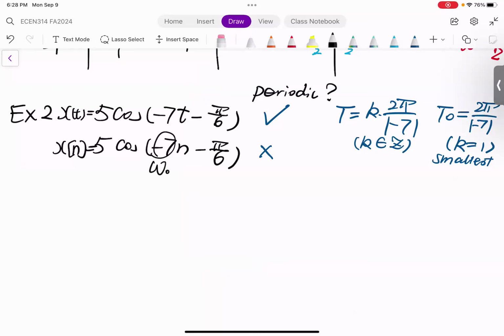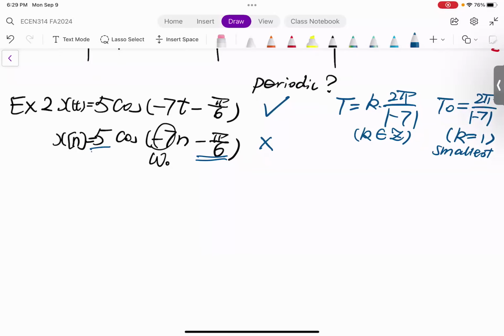First of all, this is the time shift. It's only shifting the signal left and right. It doesn't change the periodicity of the signal, right? And the 5 is also scaling the signal vertically, at all times, so it doesn't change the signal's periodicity either.